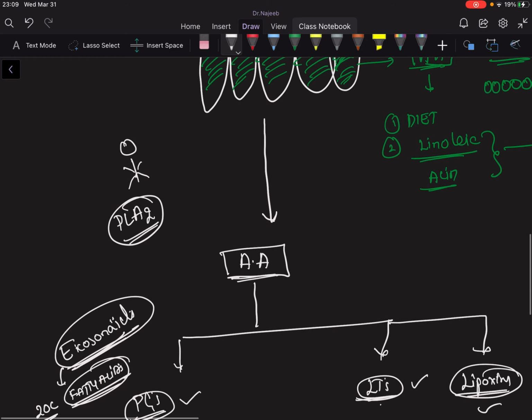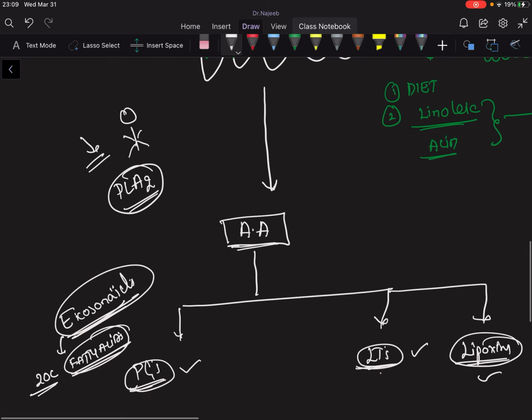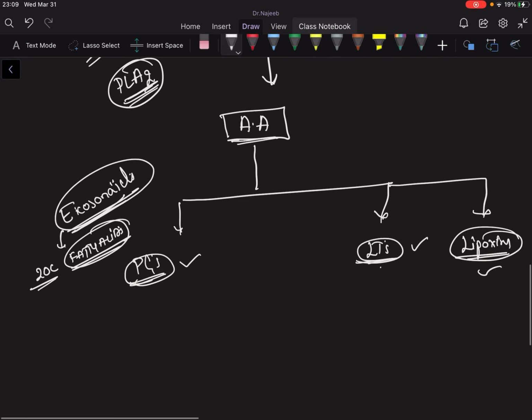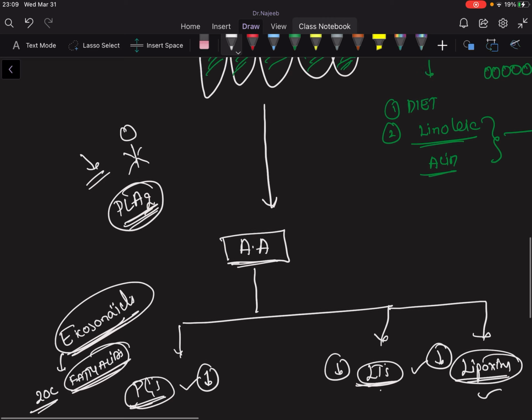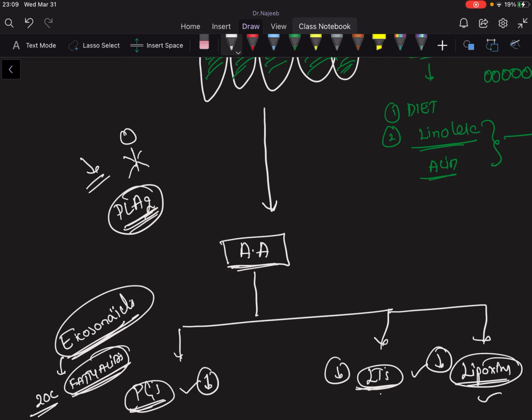So before going into that, can you name a drug which can inhibit this phospholipase A2? Inhibiting phospholipase A2 will cause a decrease in prostaglandins, leukotrienes and lipoxins. So what is the drug which will inhibit this phospholipase A2?